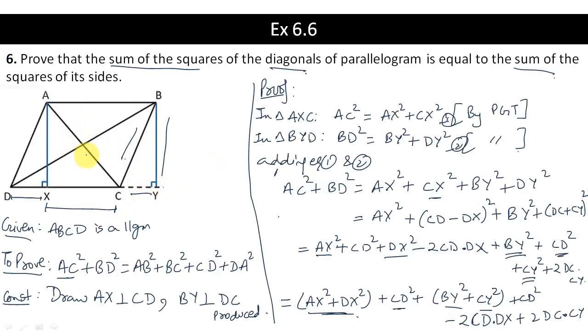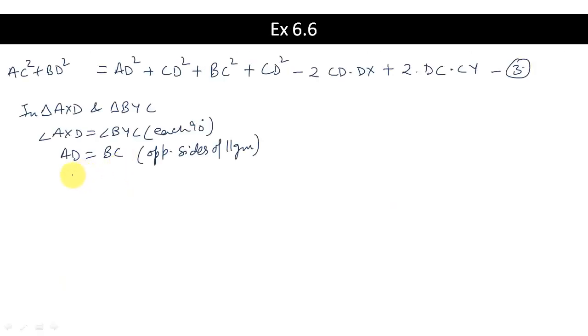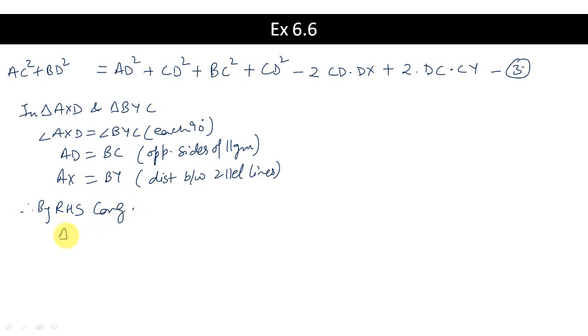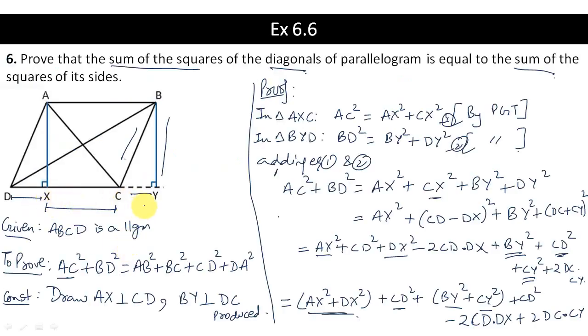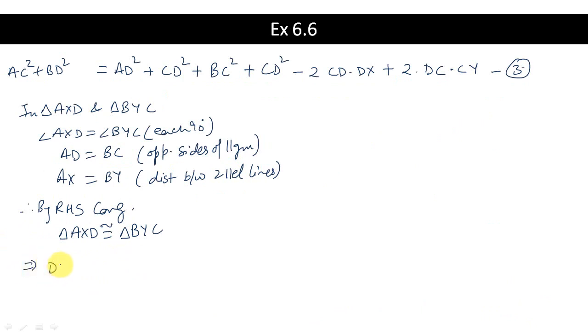And the sides AX and BY are equal, as this is the distance between two parallel lines. Therefore, by RHS congruency, triangle AXD is congruent to triangle BYC. So if AXD is congruent to BYC, we get DX equal to CY by CPCT.